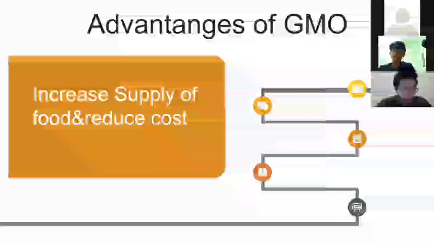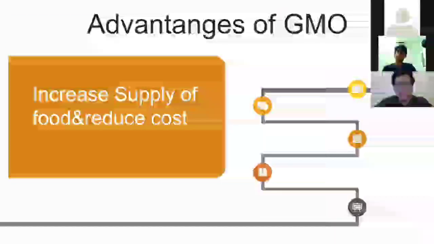The plant will need less water and fertilizer than the original one. So this can reduce the cost of planting the modified food. This will make the food cheaper, and all people can buy the food. That's all.